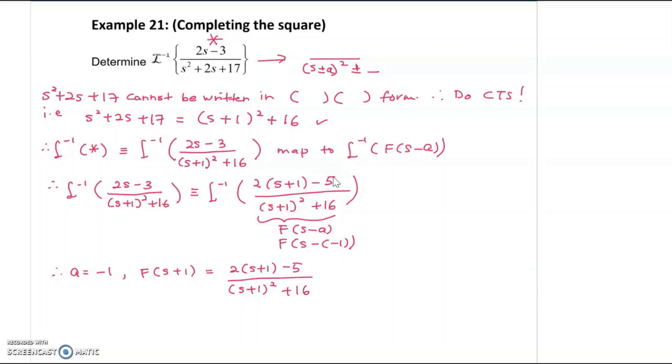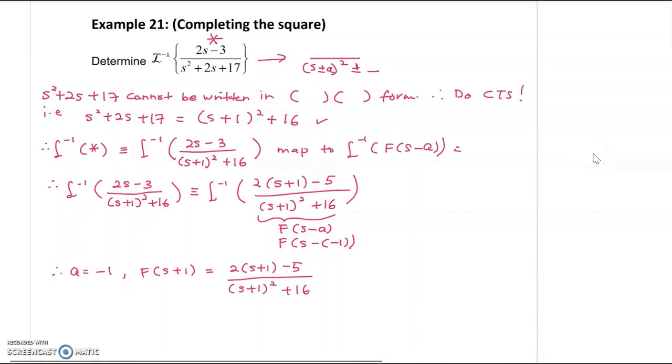By the table, the answer to this should be in the form of exponent at times f(t). So your task is actually to get what this f(t) is. f(t) comes from the inverse Laplace of F(s). So we need to get what our F(s) is, and then we take the inverse of that.